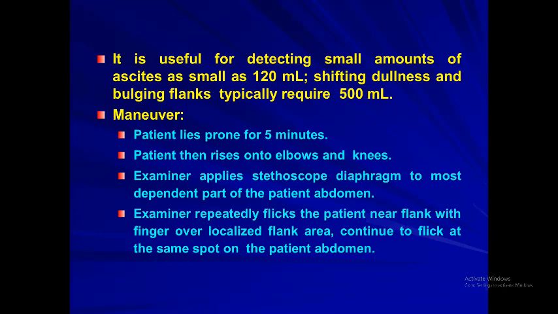Maneuver for the auscultatory Puddle sign. The patient lies prone for 5 minutes. The patient then rises onto elbows and knees, as in the previous figure. The examiner puts the diaphragm of the stethoscope on the most dependent part of the patient's abdomen.